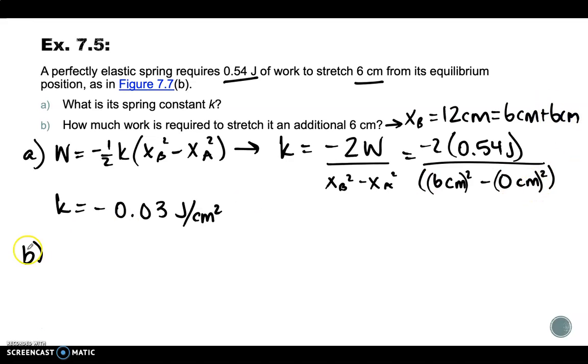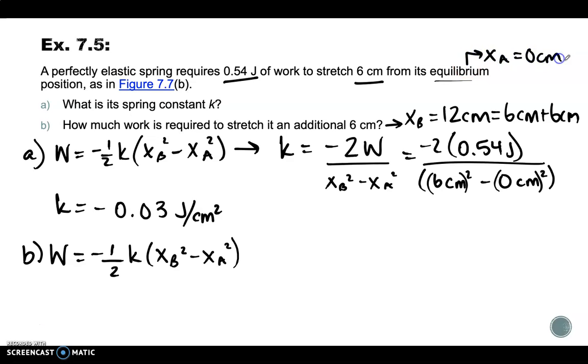We want to know the work done, so work is equal to negative 1/2 times k times x_b squared minus x_a squared, from our equilibrium position again, where x_a equals 0 centimeters.